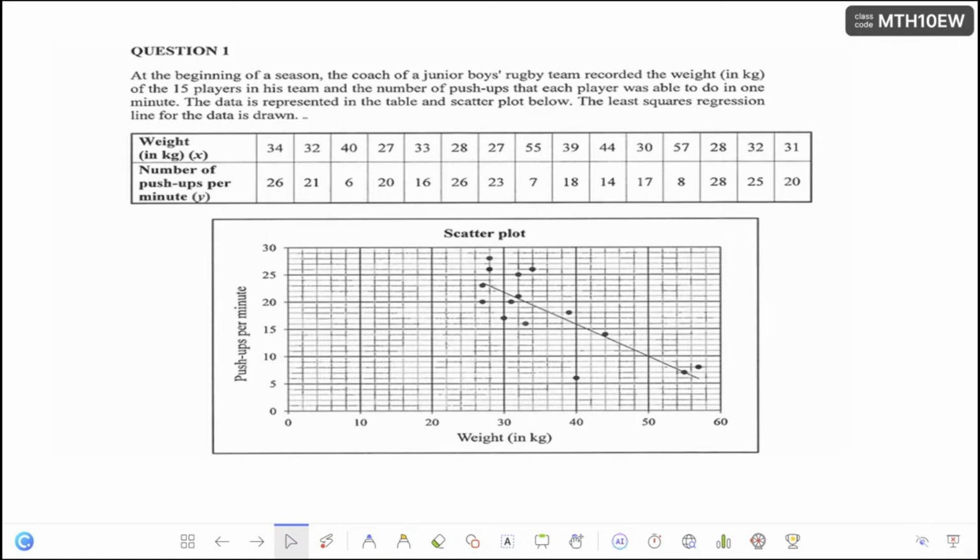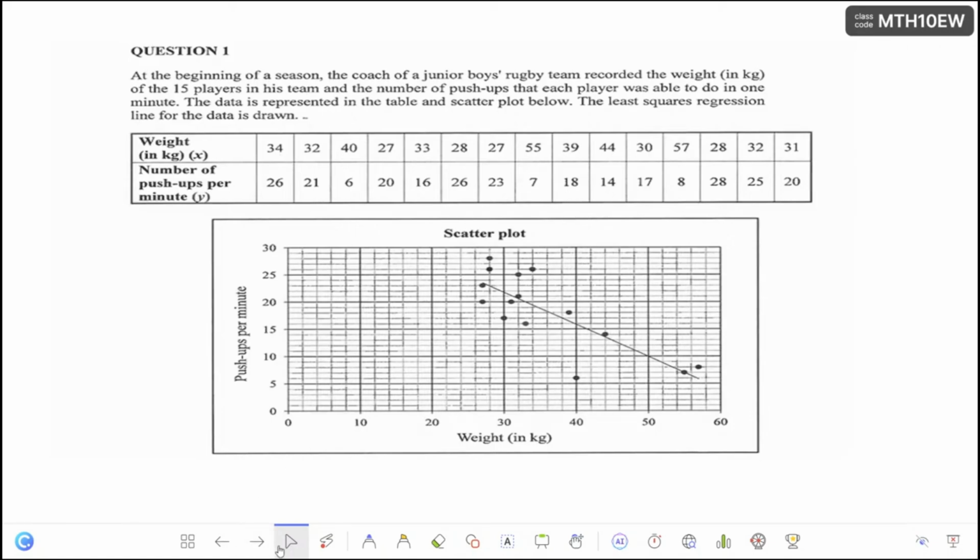You need to learn how to use your calculator fast. Now let's punch our y values: 26, 21, 6, 20, 16, 26, 23, 7, 18, 14, 17, 8, 28, 25, 20. After that you can just press AC.